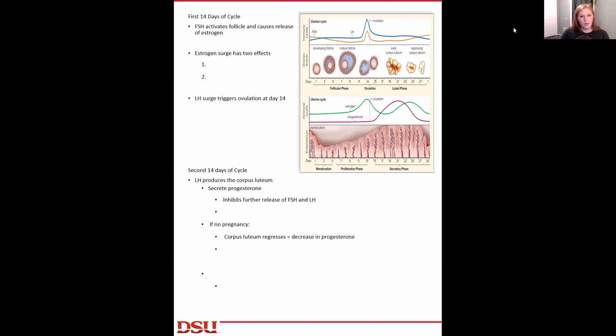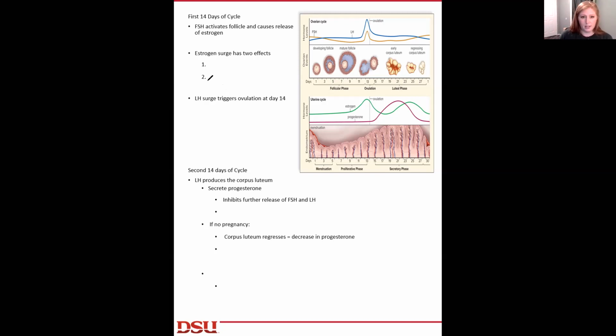Okay. So in the first 14 days, we have follicle stimulating hormone, which is going to cause the release of estrogen from the follicle, right? And we know that follicle stimulating hormone has been activated by the release of gonadotropin releasing hormone from the hypothalamus.